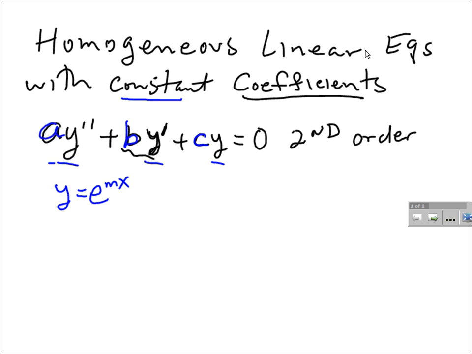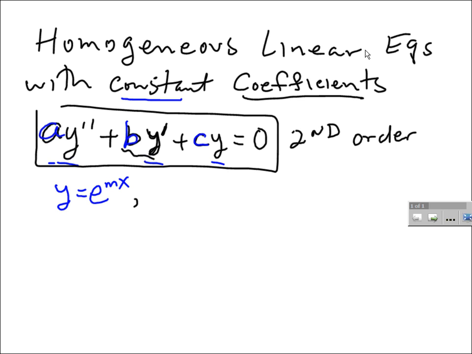That's going to make life easier when I substitute it in here. I know how to write y, and I know how to write c, but I don't know how to write y prime yet. So I take the derivative of y, and I get m e to the mx, and I multiply that by b with no problem.